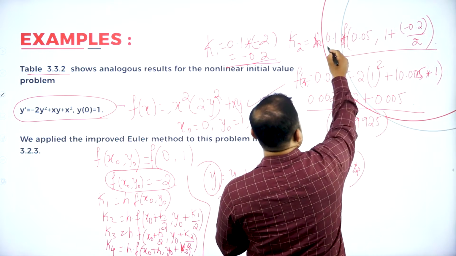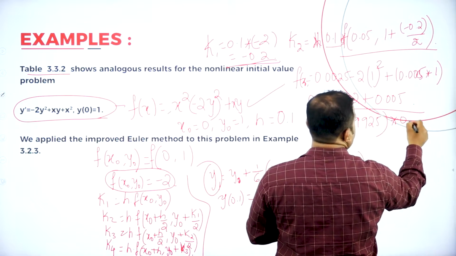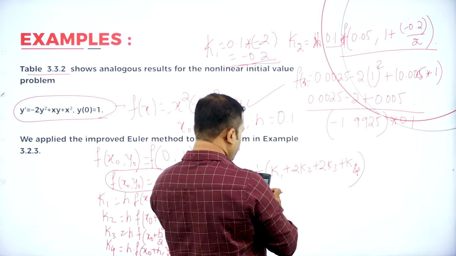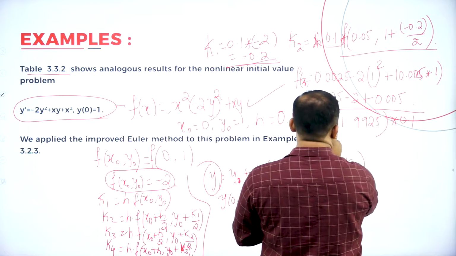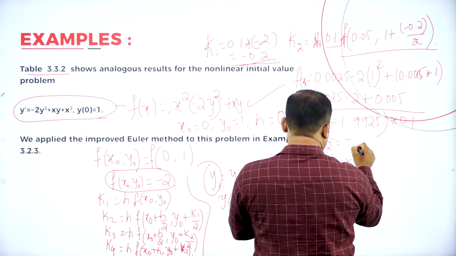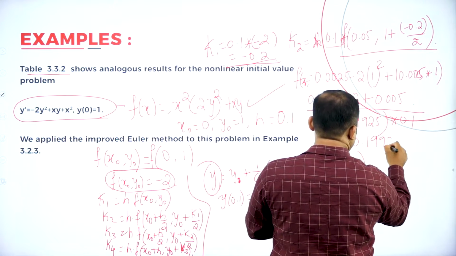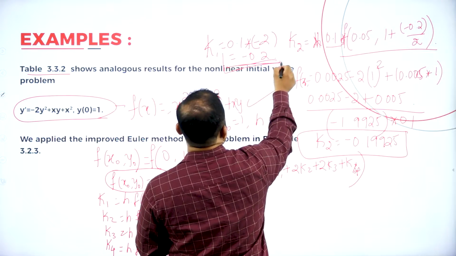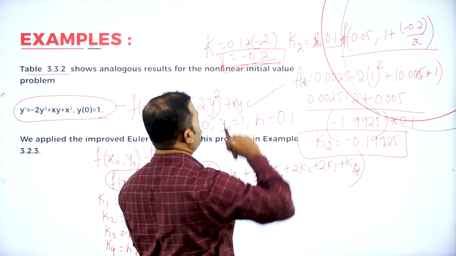That has to be multiplied by 0.1. The answer must be multiplied by 0.1. That will give you k2 is equal to minus 0.19925. That is the value of k2. What is the value of k1? That is k1 is equal to minus 0.2.